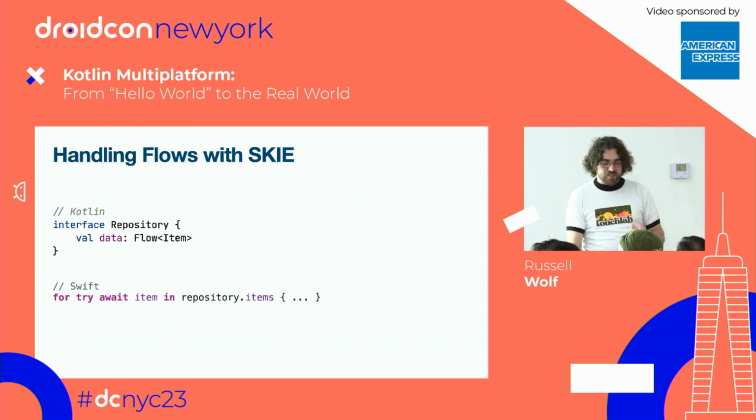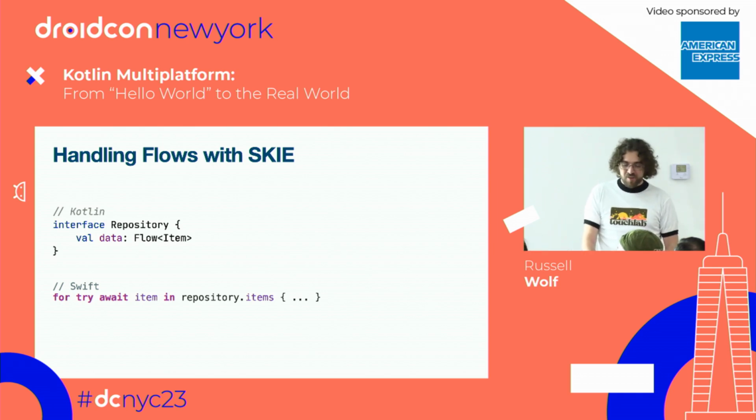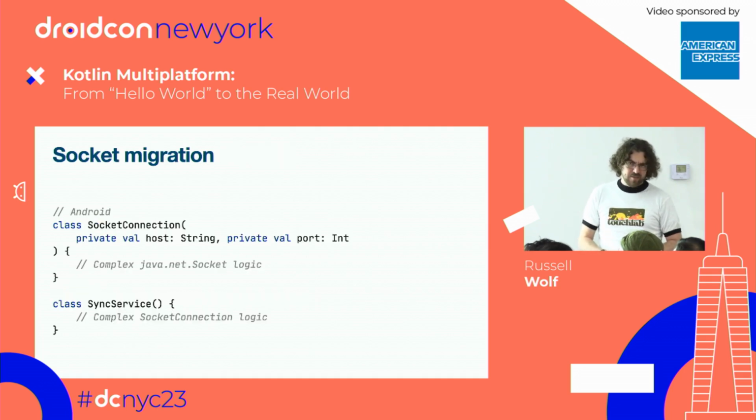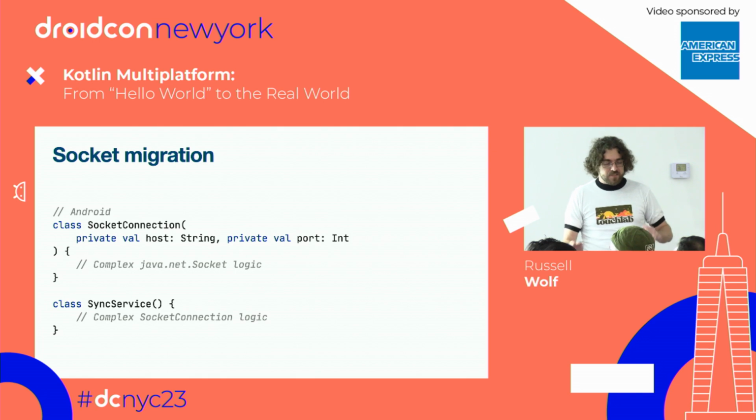I'll also talk through a couple of case studies of different code migrations that we've done over the last couple of years that show some other things where you have to do a little bit more manual adapting and wrapping. So there's a client that I worked with maybe 2-ish years ago that had a big complicated synchronization logic that was running through a socket.